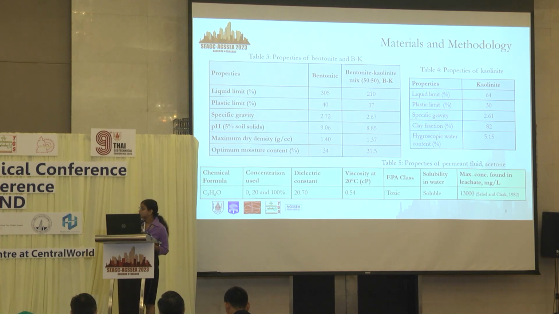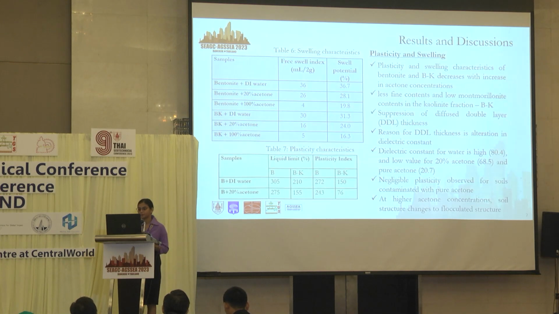These are some of the basic geotechnical properties such as plasticity properties, specific gravity, pH, maximum dry density, and compaction parameters for both bentonite and the bentonite kaolinite mixture. The permeant fluid which we considered is acetone, and the basic properties of acetone are also given here.